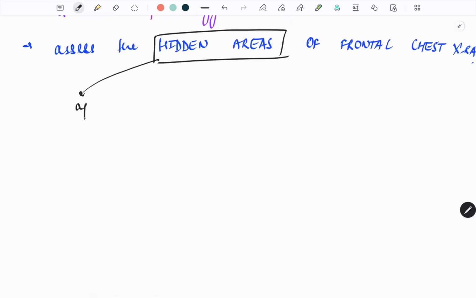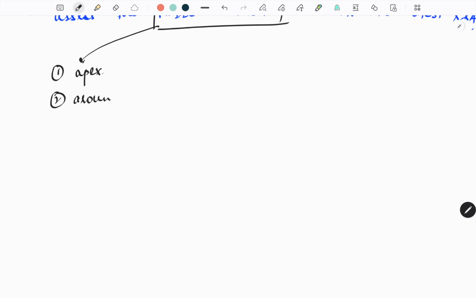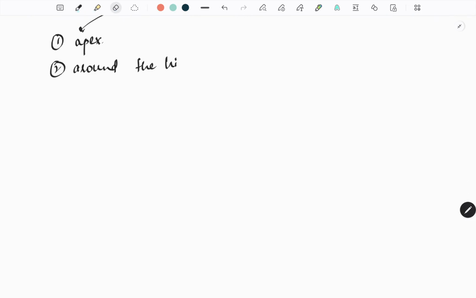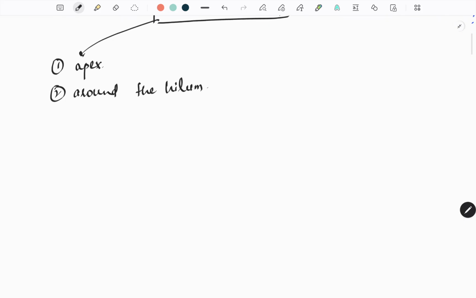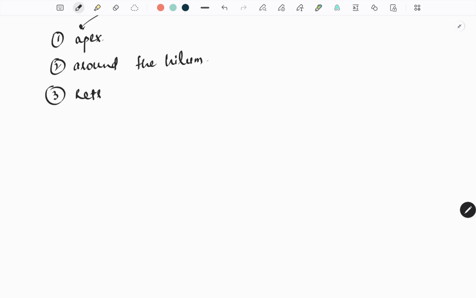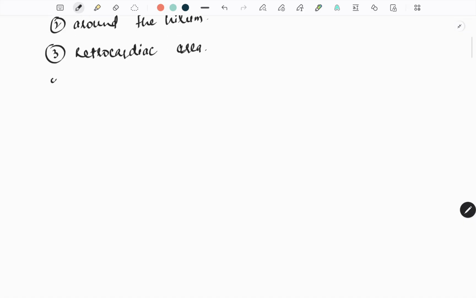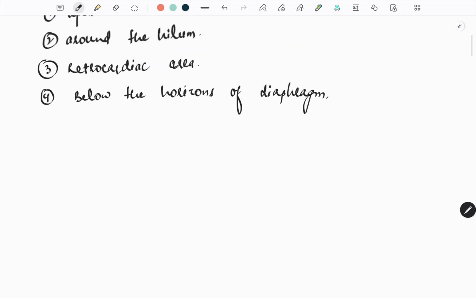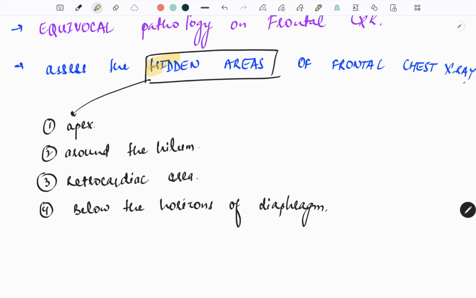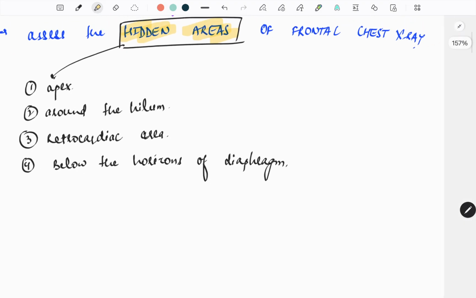These are the lung apex, around the hila, third one is the retrocardiac area, fourth one is below the horizons of the diaphragm. Okay, we will assess the hidden areas on a lateral chest x-ray whenever in doubt.